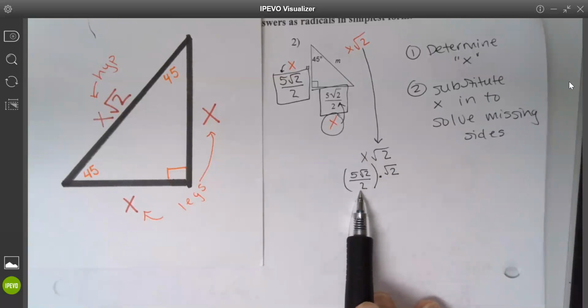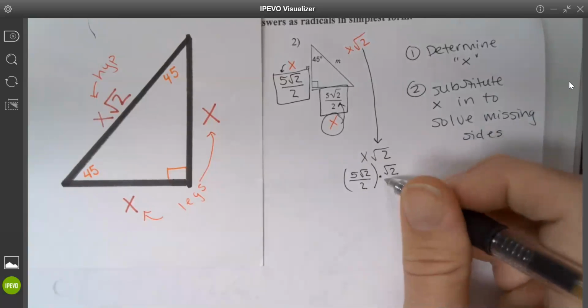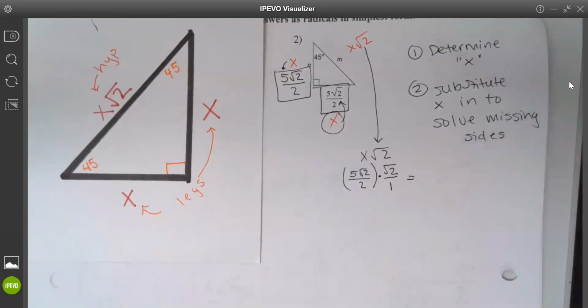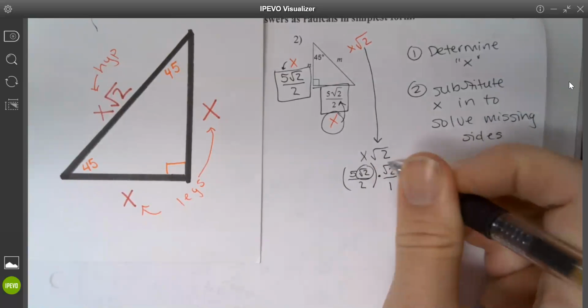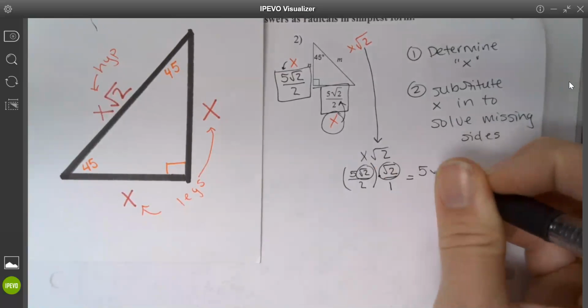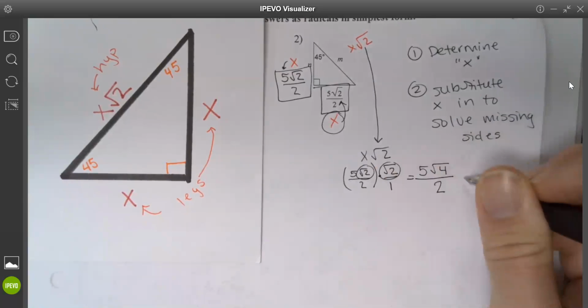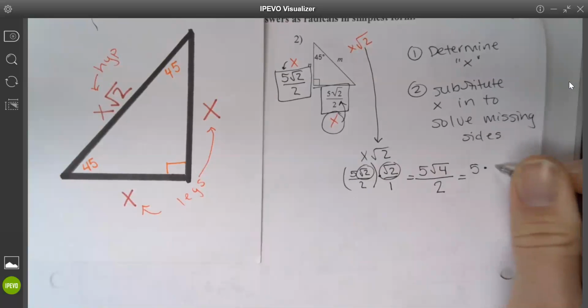Then what happens with the arithmetic is that this rad 2 is over 1. I can multiply numbers that are outside the rad together or multiply numbers inside the rad together. So I can multiply these two terms together. It gives me 5 rad 4 over 2 times 1, which is 2. Well, the square root of 4 is just 2.